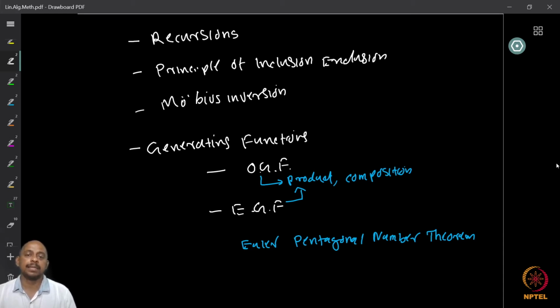And as part of this, we learned that we can look at several types of generating functions. We started with the ordinary generating function, right? Then we saw that in the formal power series algebra, we had defined products, composition, and several other operations.